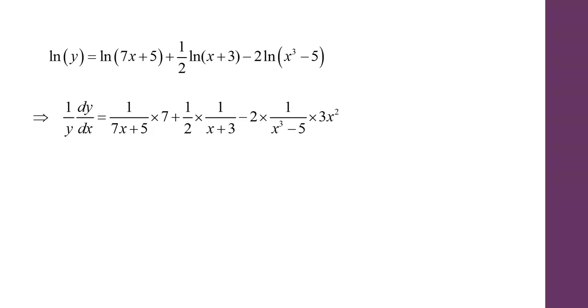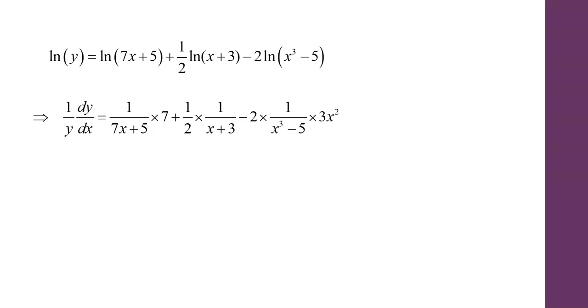So for natural log of 7x plus 5, we get 1 over 7x plus 5 times the derivative of the inside, which is 7, plus 1/2 natural log of x plus 3 gives us 1/2 times 1 over x plus 3. And 2 natural log of x cubed minus 5 gives us 2 times 1 over x cubed minus 5, multiplied by the derivative of the inside. Again, that's the chain rule, and that derivative inside is 3x squared.